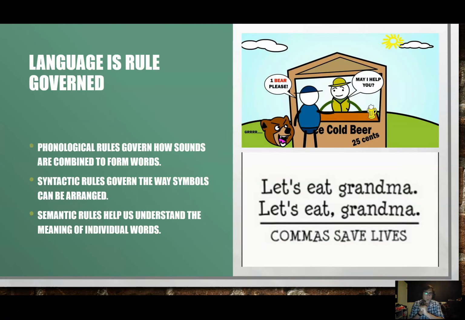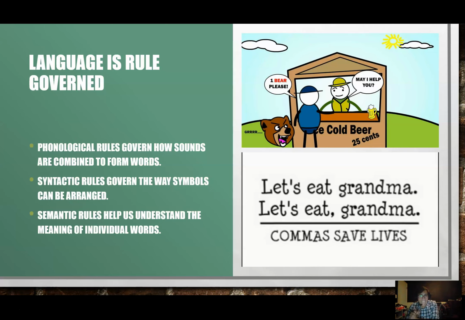Next, it is rule governed, meaning that there are phonological rules and syntactic rules and semantic rules. Phonological rules show how we say words. So if someone says "one bear please," it's obvious that they mean a bear when they maybe mean something else.